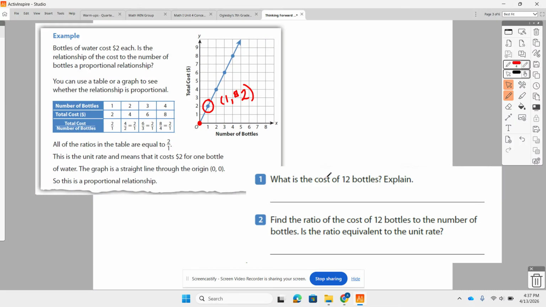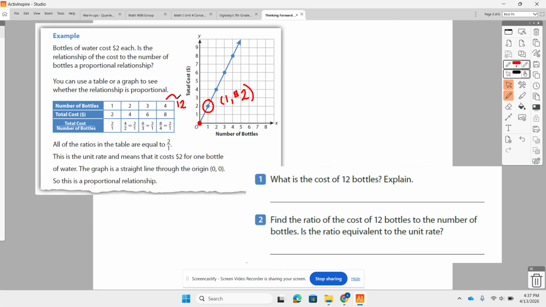So if we want the cost of 12 bottles, just think about what it would be if we put 12 here. Okay, you can look at any relationship here to get it, but remember it's got to be equivalent to a 2-to-1 relationship.